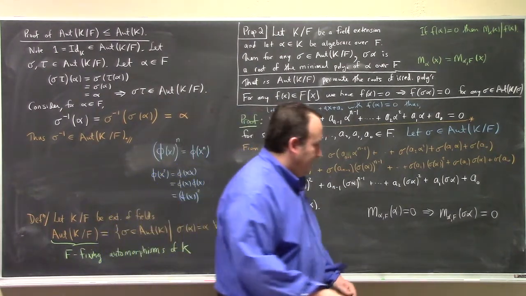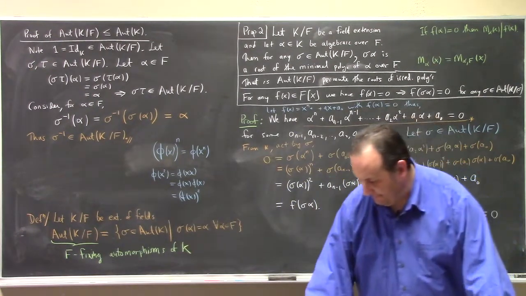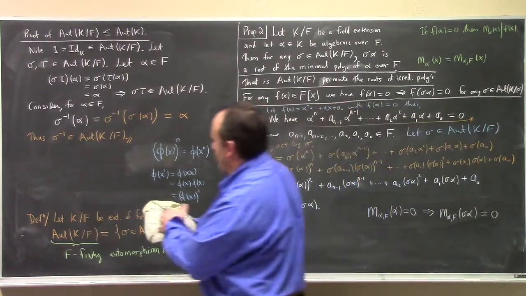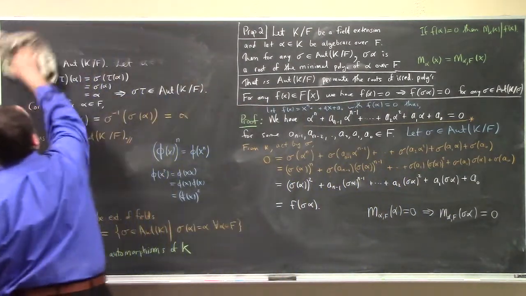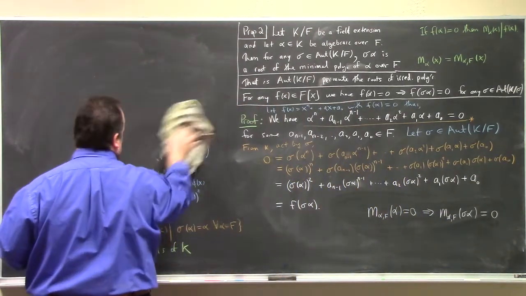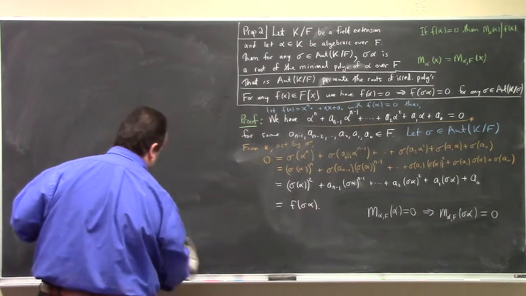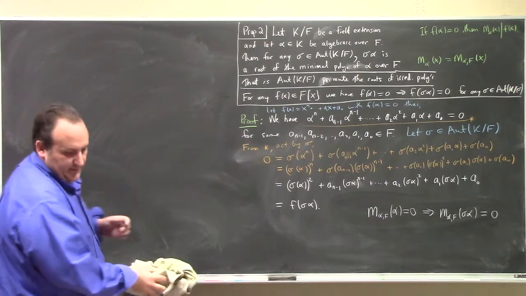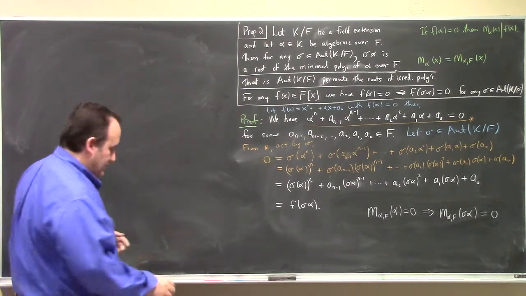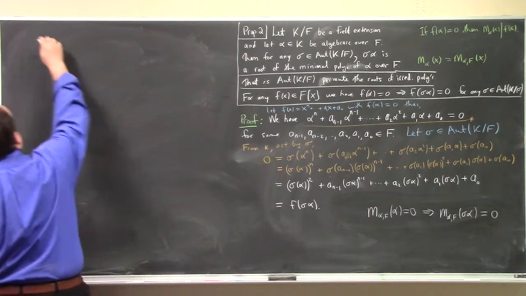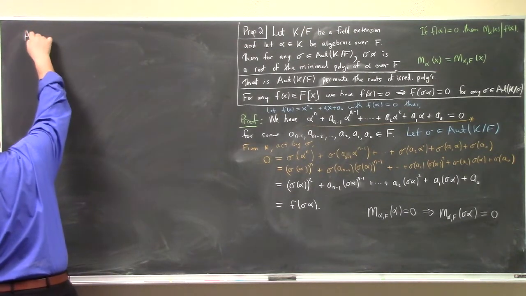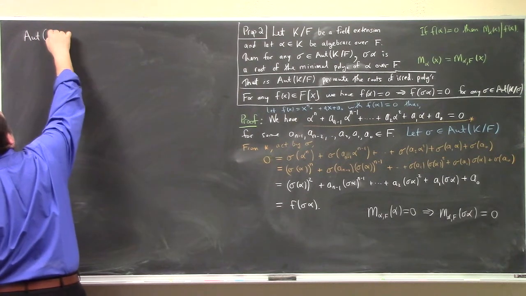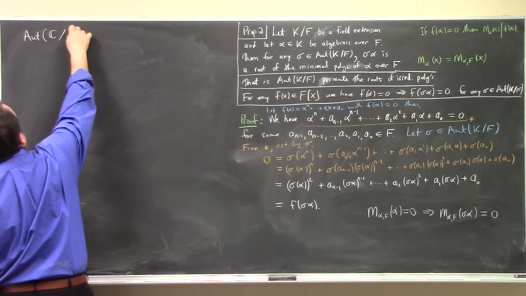Sigma's a map that's mapping alpha, but it maps alpha to another root. Let me break from Dummit and Foote here momentarily, and let's figure out what the automorphisms of the complex numbers are, because I think it's useful. What are the automorphisms of the complex numbers which fix the reals?